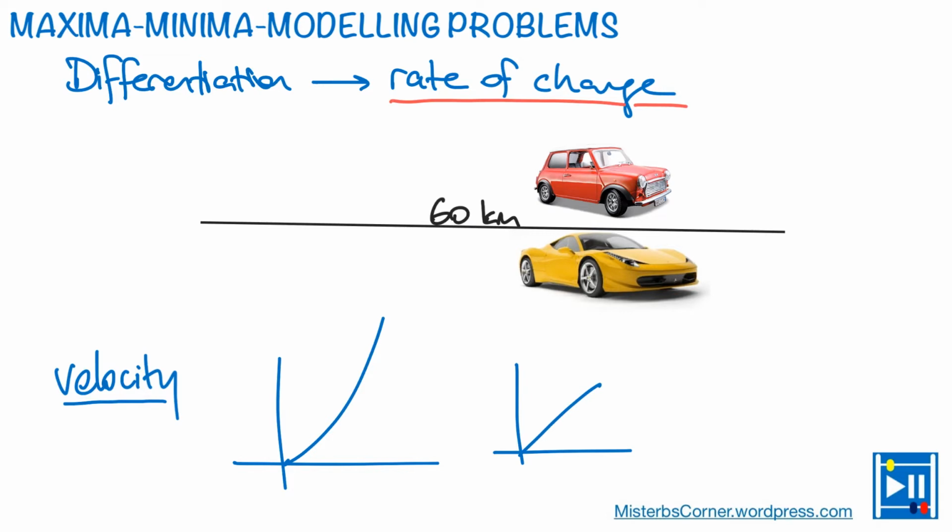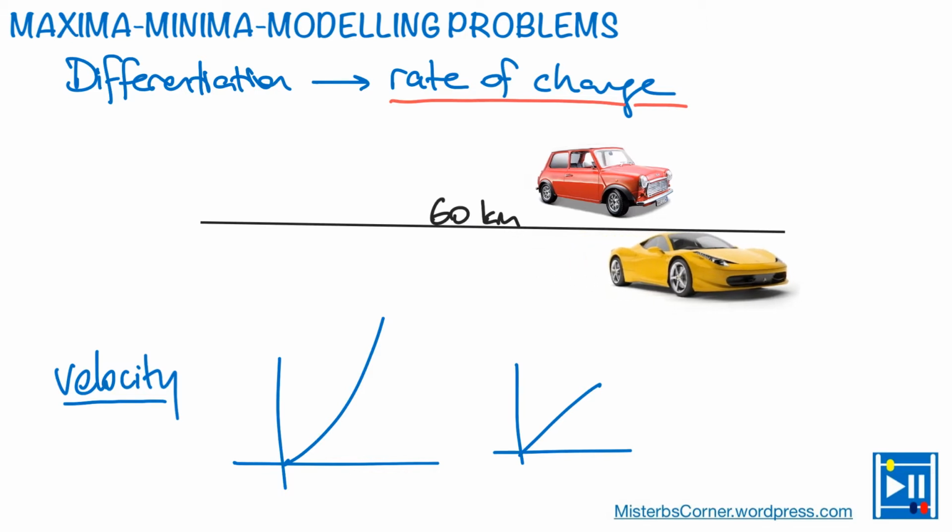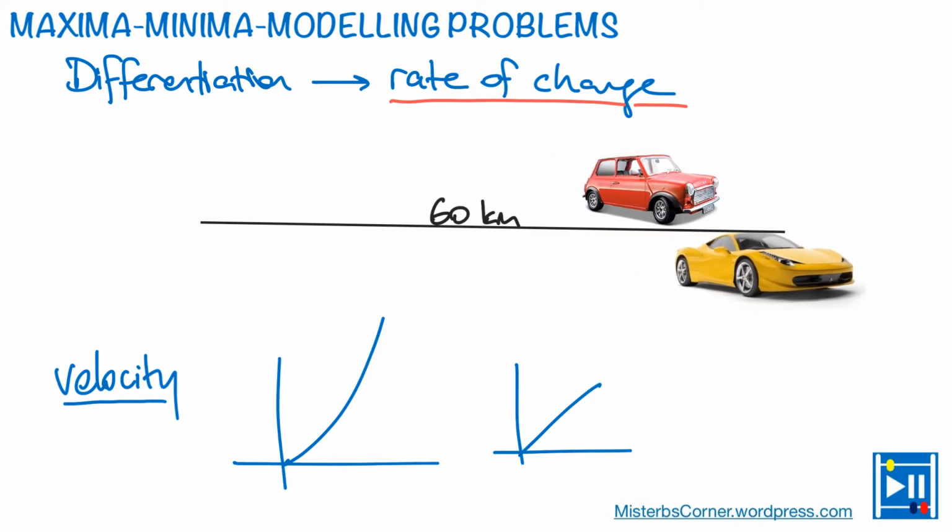And let's consider now that the Ferrari has caught up with the Mini. It slows down, but is still faster than the Mini. It slows down because it knows that it's going to win. Now, the velocity could decrease or could go like this, or it could even go down. It doesn't matter. It's still faster than the Mini, so it can complete the race first.